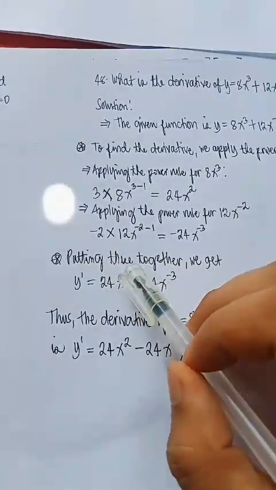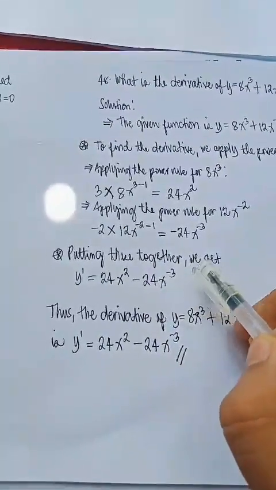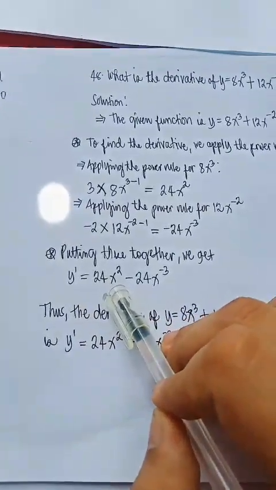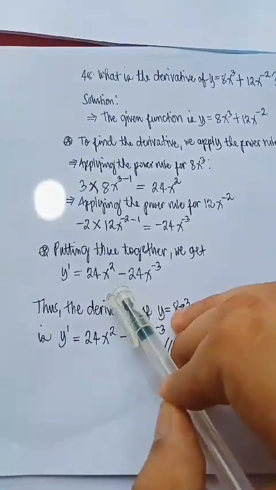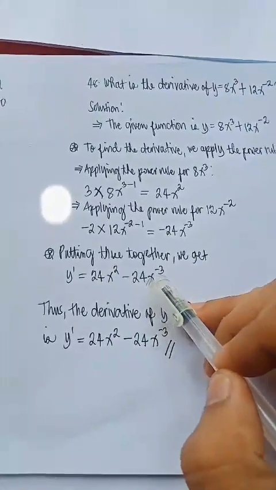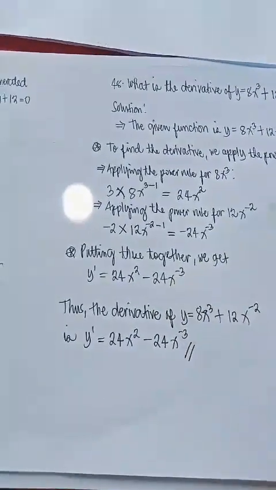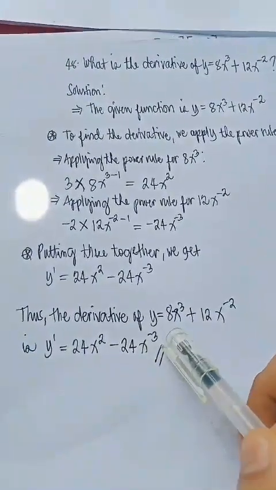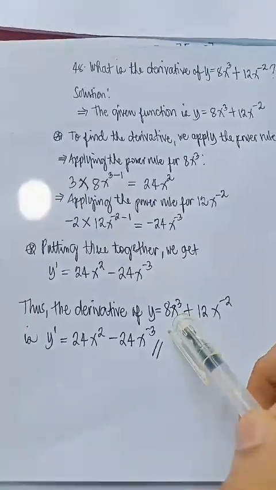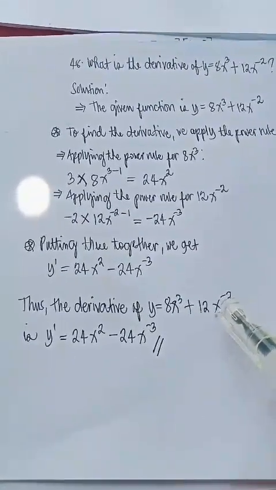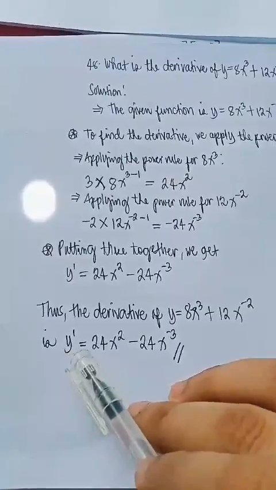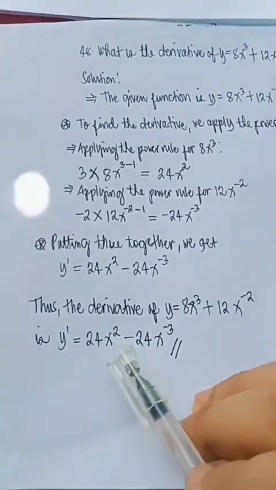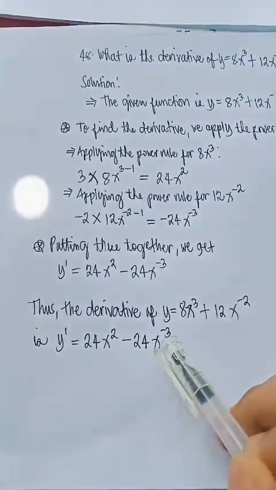Now, putting this together, we get y prime equals 24x squared minus 24x raised to negative 3. Thus, the derivative of y equals 8x cubed plus 12x raised to negative 2 is y prime equals 24x squared minus 24x raised to negative 3.